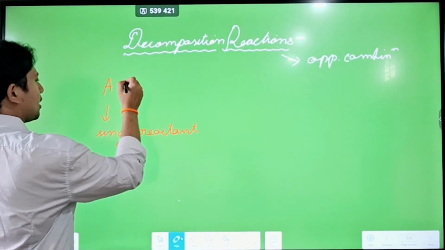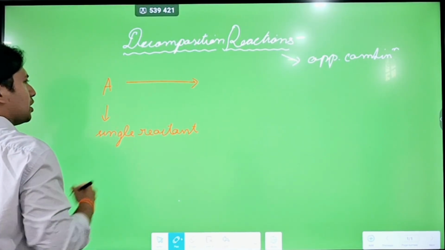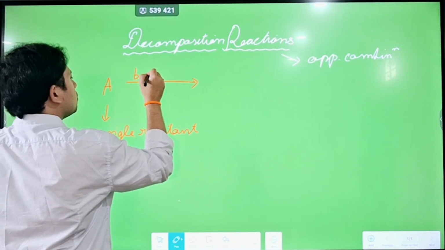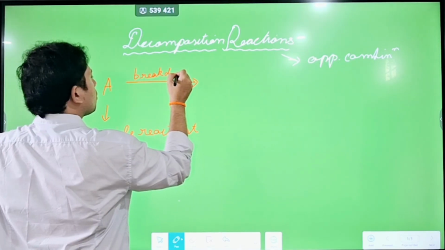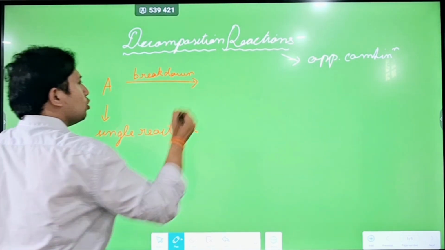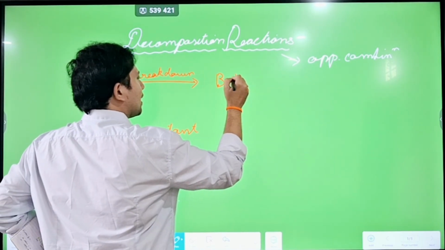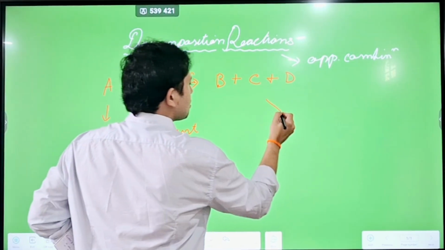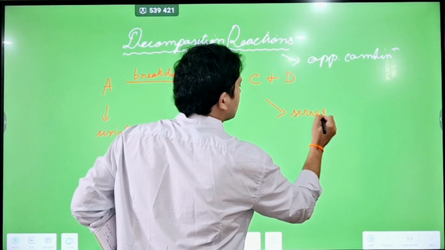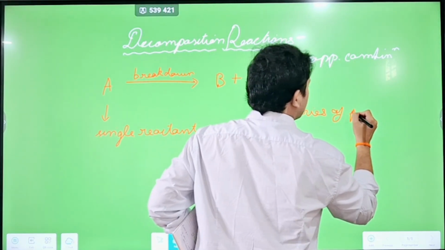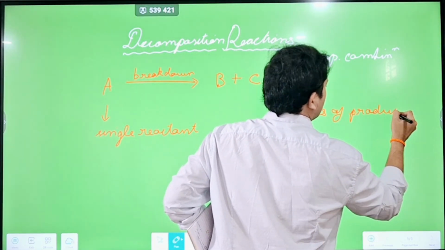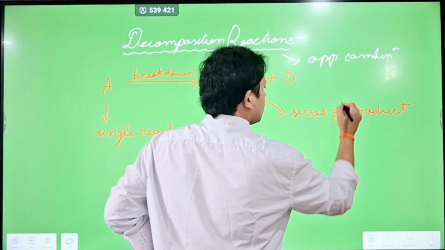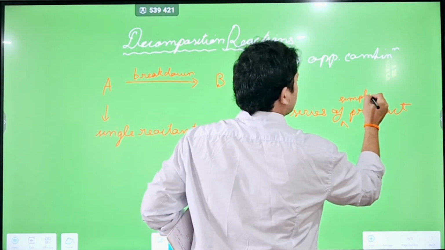In this reaction, A will break down to form new products such as B plus C plus D. These are examples. Series of products, or you can say series of simpler products.